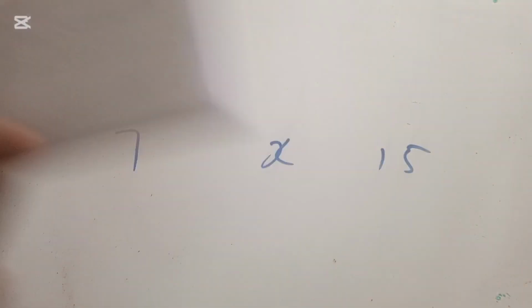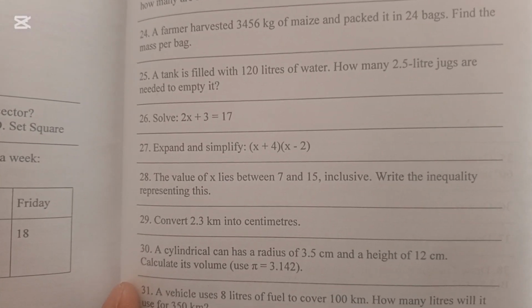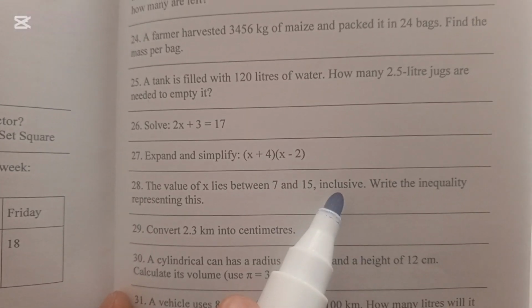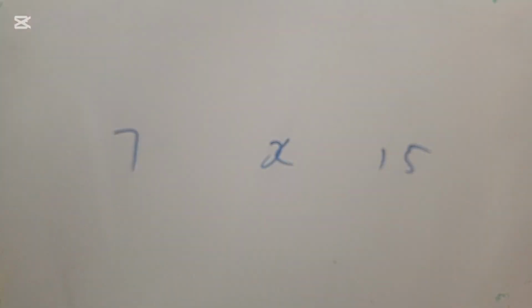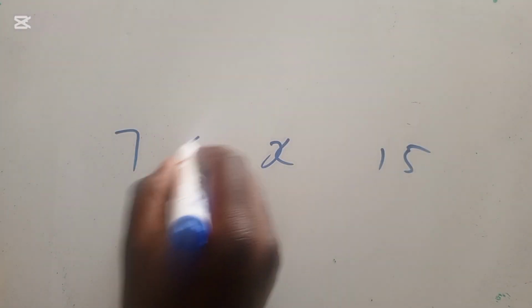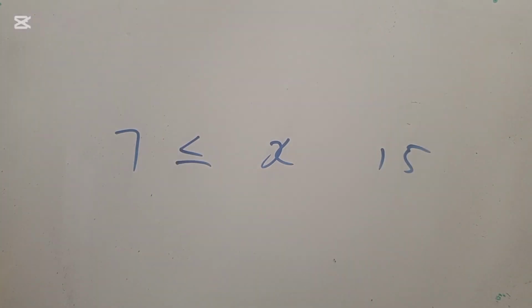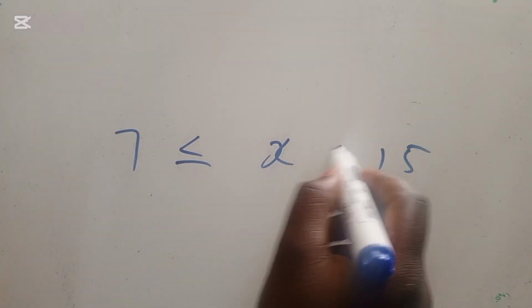So what inequality do you put here? And you are told that the 7 and 15 are inclusive. So you know this one is 7 is less or equal to x, x is less or equal.